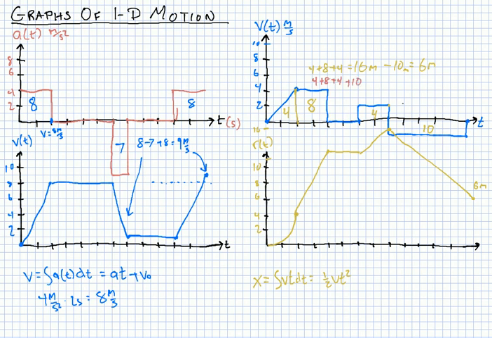We're adding this 10 instead of subtracting it because we want to know what our distance traveled was. And so 4 plus 8 plus 4 plus 10 is going to be, let's see, 8, 12, 16, 26 meters. So our displacement was 6 meters. Our total distance traveled was 26. And so that's how you solve problems like this.